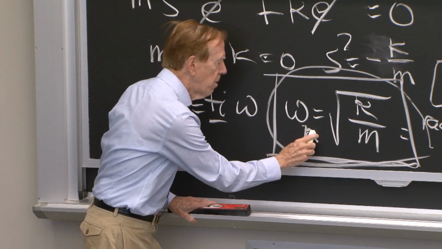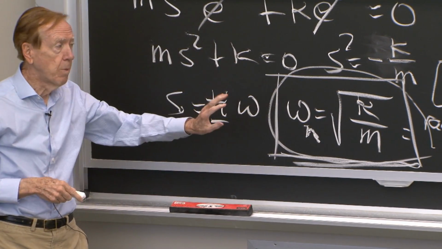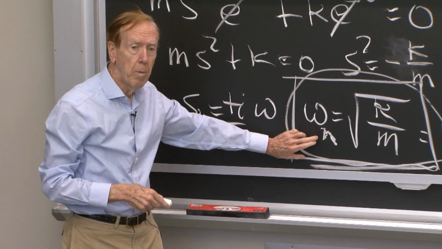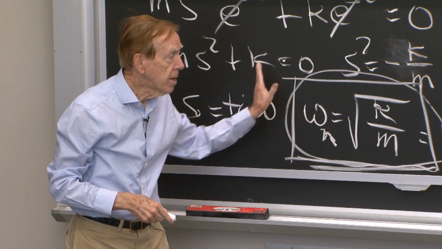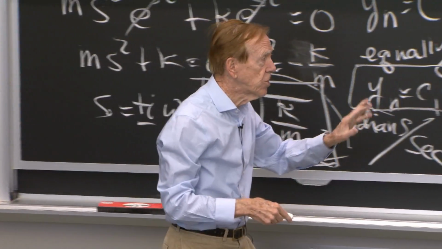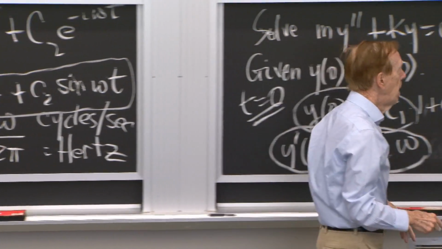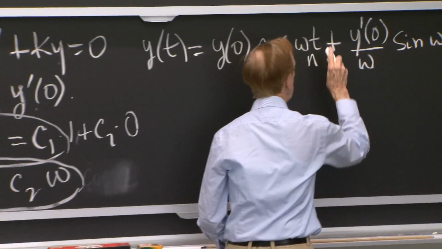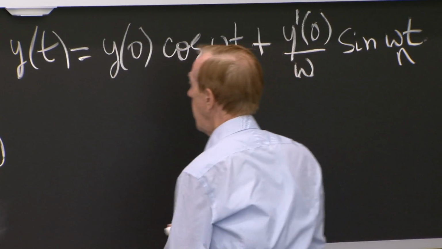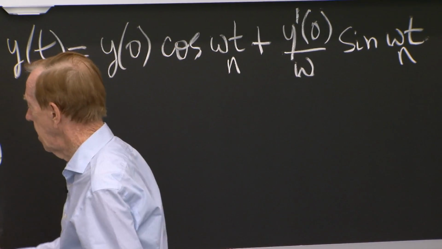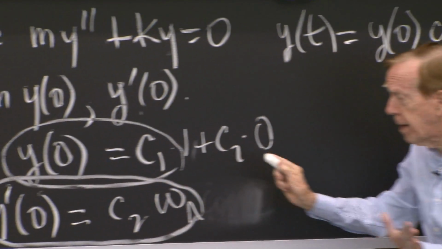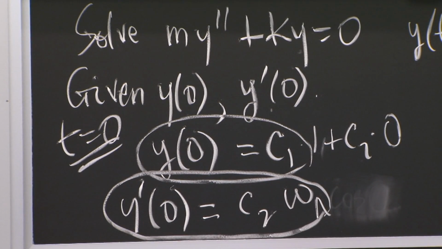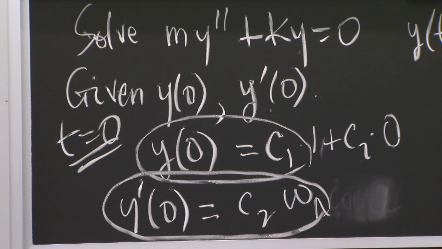So all the omegas that you see on this board should be omega n. I can change them all, but let me just change it here. We've only got that one omega right now, because we don't have a driving term yet.